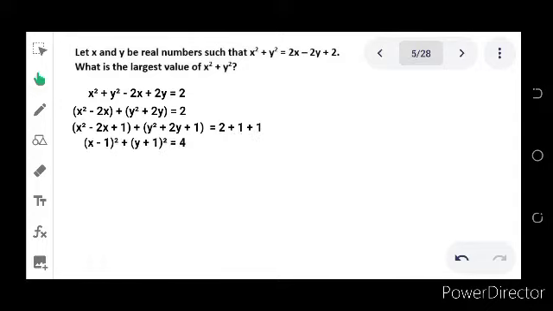Then we simplify. Since x squared minus 2x plus 1 is a perfect square, you have (x minus 1) squared. And since y squared plus 2y plus 1 is a perfect square, we also have (y plus 1) squared, and then equals 4. So now you have a circle with center at (1, -1) and a radius of 2.